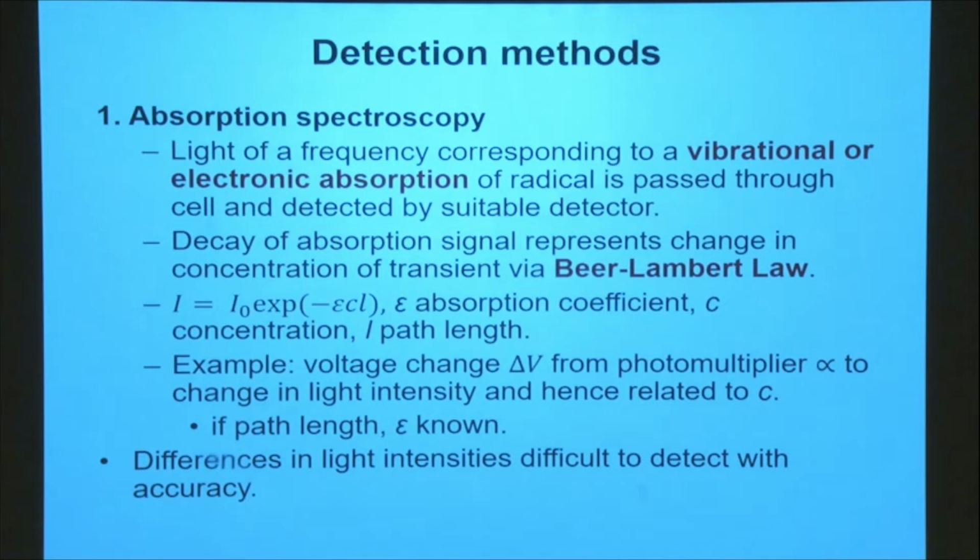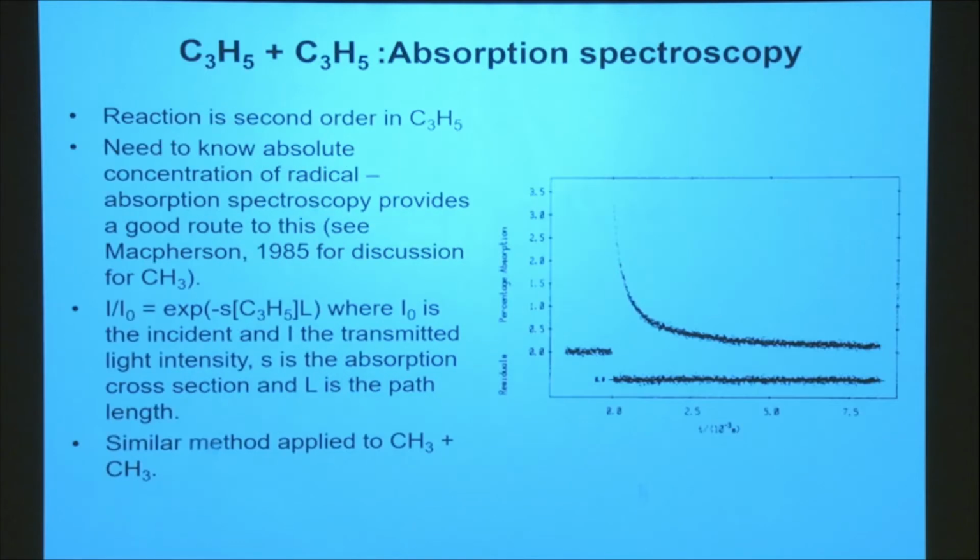Okay, so this is a useful technique because we can actually use it to give us an absolute concentration, but the signal-to-noise ratio is often not great, so it's not the most sensitive technique to use. But sometimes it is necessary to use it. One of those examples is if we've got a second-order reaction, so C3H5 plus C3H5 here.